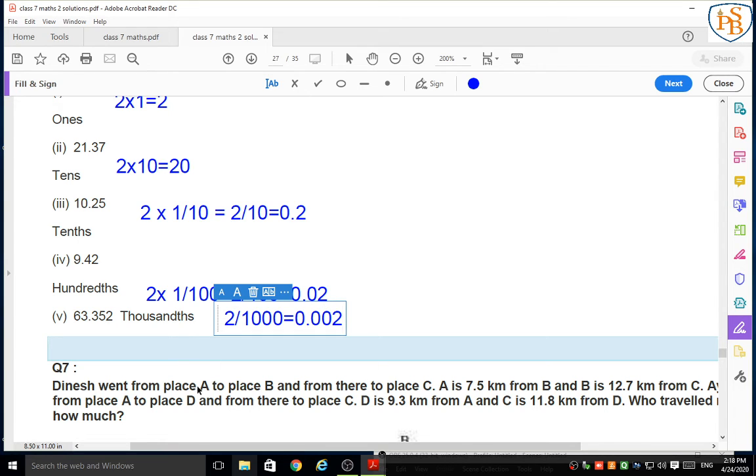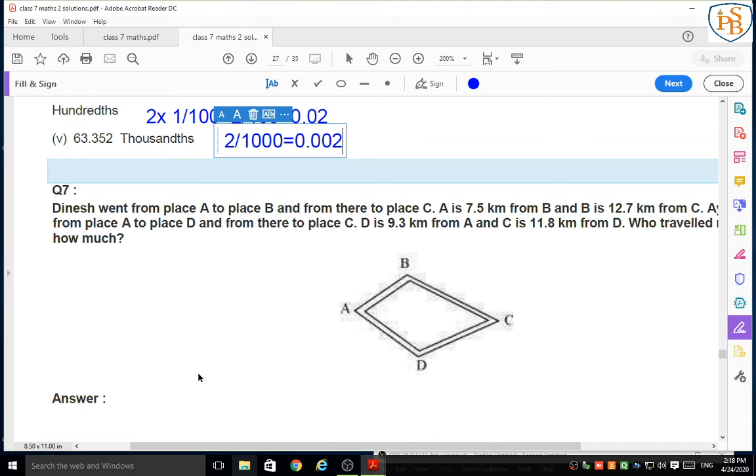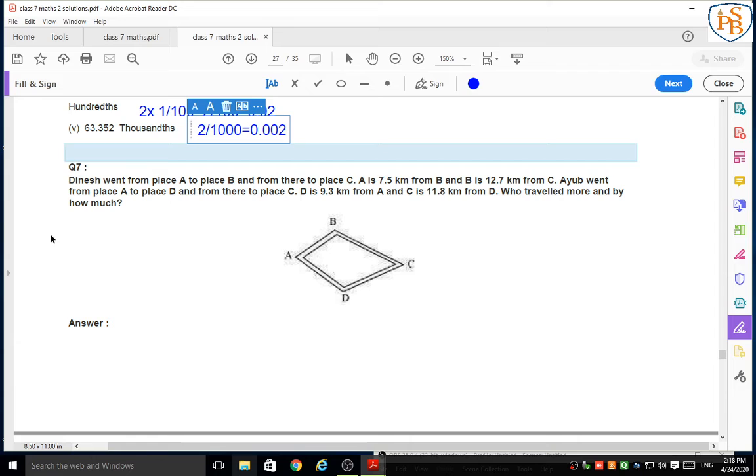Okay, the next 7th, 8th and 9th are very important questions because they are word problems. Now we are going to read this.